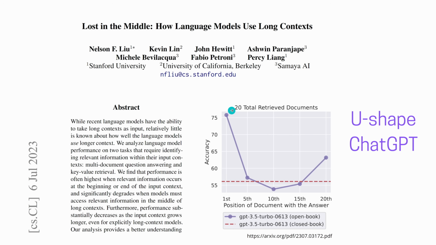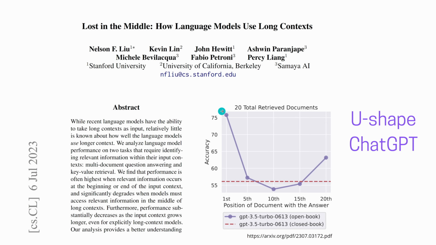You see, we have a position-sensitive accuracy, a performance of the model. Look, this red dotted line is what the authors call a closed book. They do not provide any information to ChatGPT. This red line is what GPT knows without any documents.